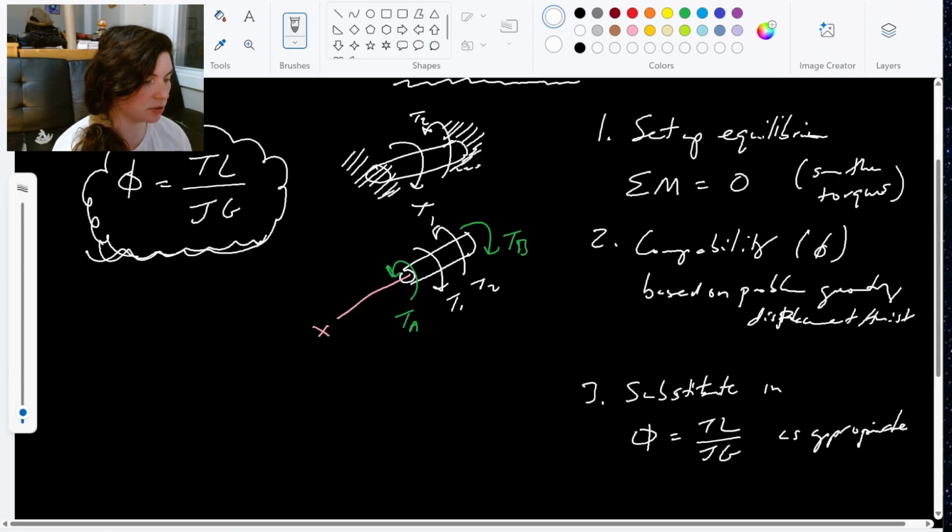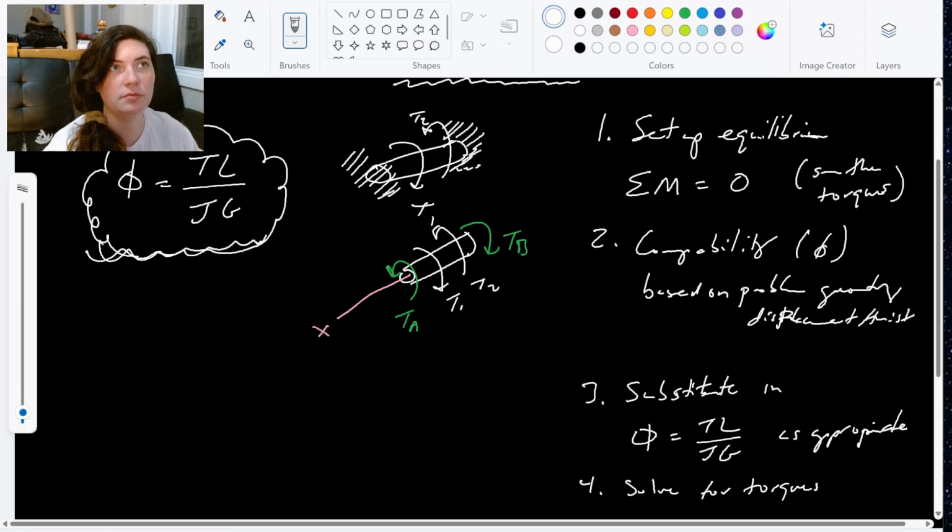Those reaction torques or anything else that you're needing. So solve for torque. So that's the basic outline. Those are our basic steps. But let's talk through it with an example problem.